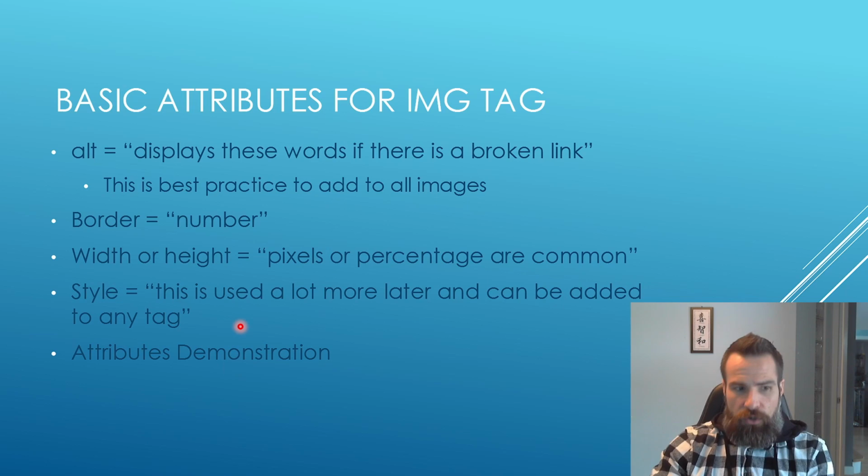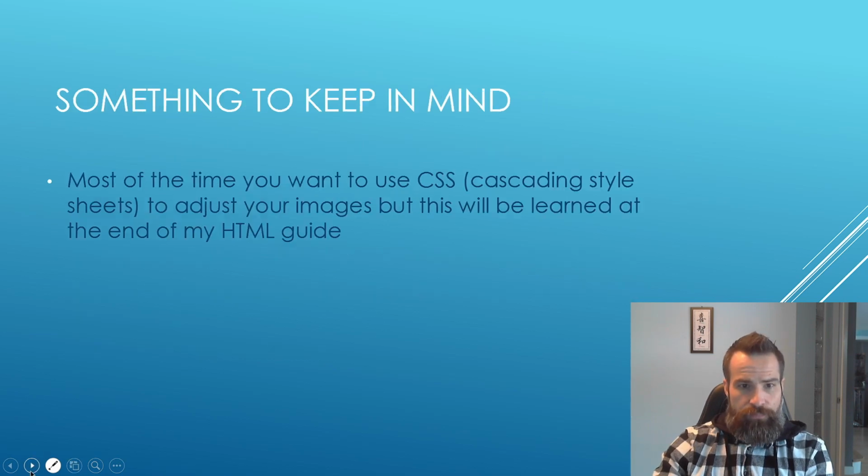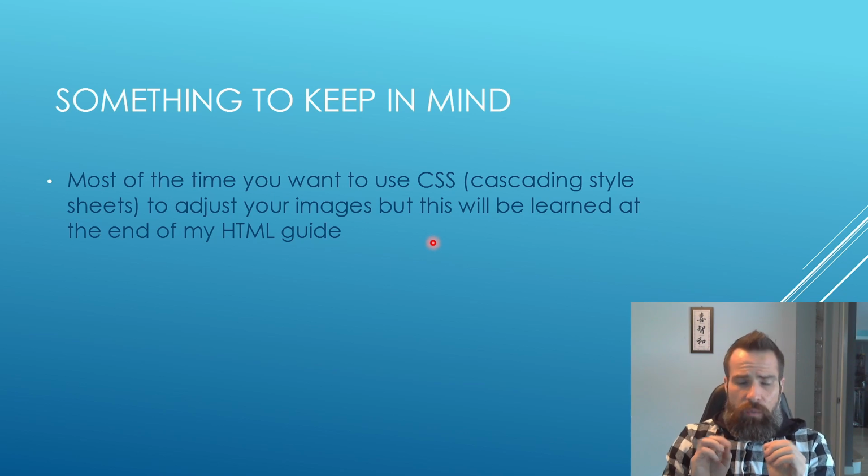And I'm going to be talking about CSS in almost every video because it's what ties everything together in the end. This is why I want you to keep in mind, I want you to learn tags, I want you to learn attributes, but in the end, CSS is what we're going to use to customize our pages and our tags so that they have a common theme.